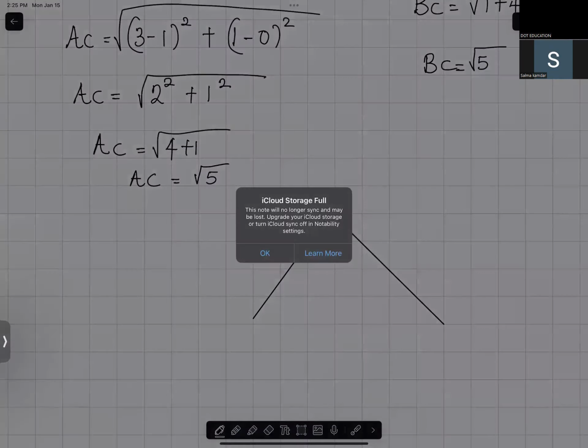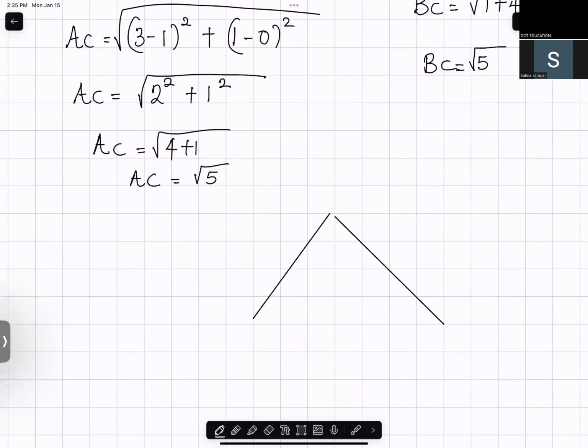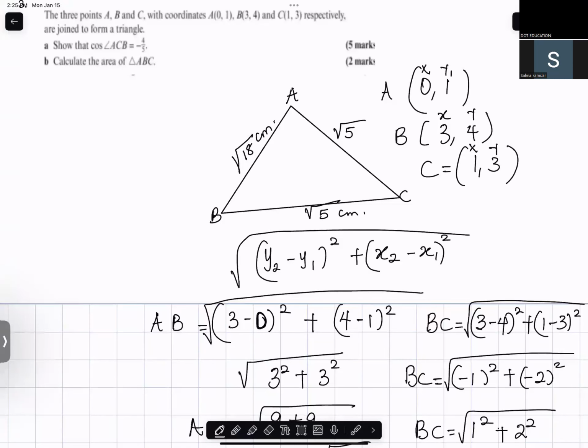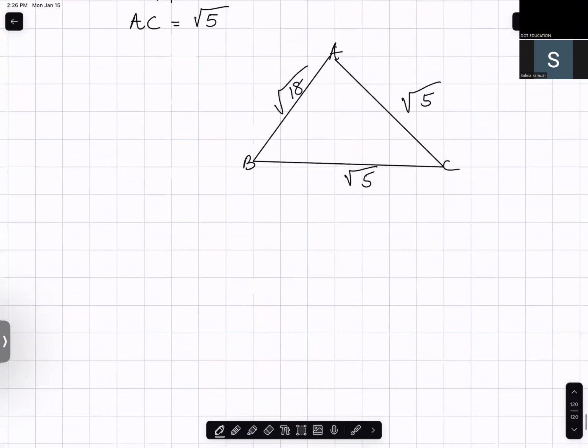So we have our triangle ABC, where we have AC as root 5, BC as root 5, and AB as root 18. Having gotten this, we are going to prove that cos ACB is equal to minus 4/5. The formula we can apply is the cosine formula.